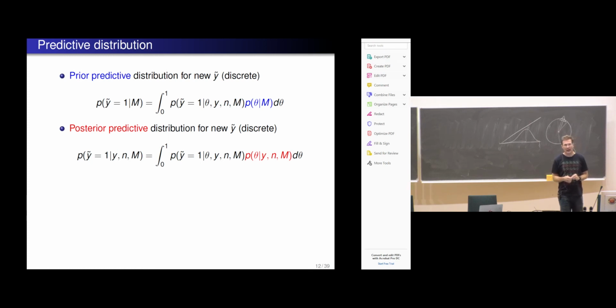This is useful when building models. This is useful when we are doing design of experiments before we have any observations. And then the posterior predictive distribution is specifically useful for making predictions after we've learned something from data.